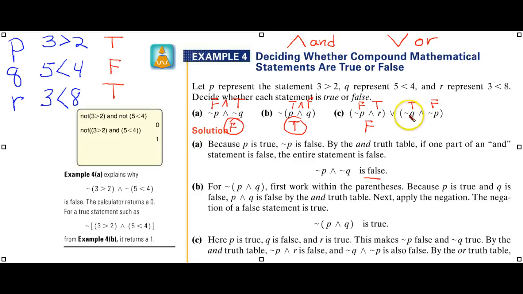Now here, Q is false, so not false is true. And P is true, so not P is false. So this is a conjunction. They both have to be true, so this is both false.